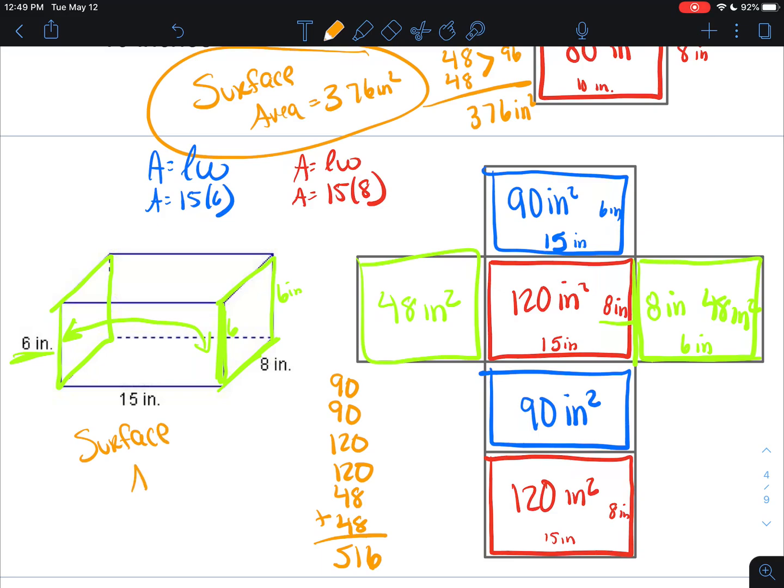So the surface area of this rectangular prism is 516 square inches.